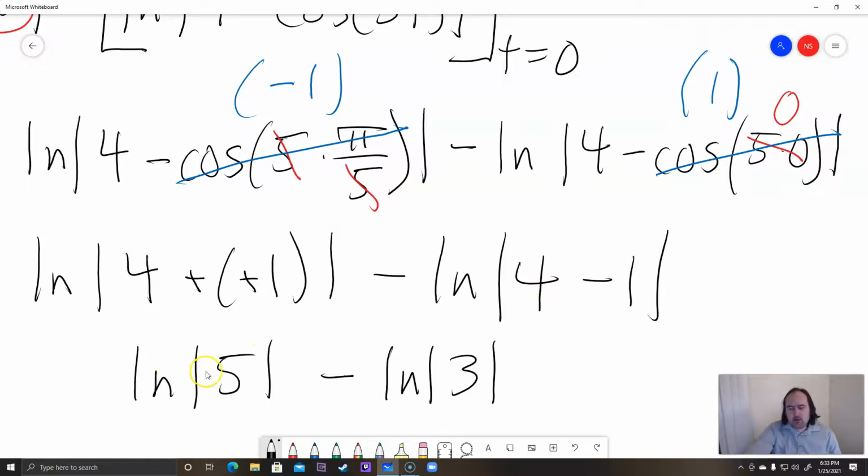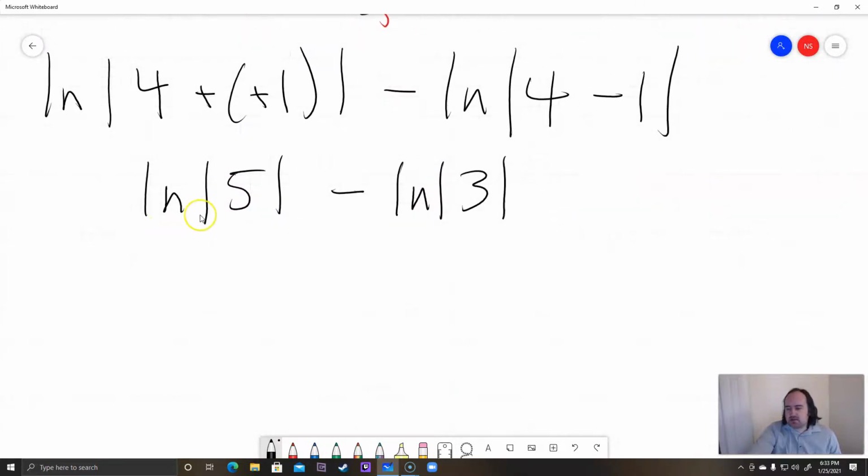With this one, because 5 and 3 are already positive numbers, and absolute value is always positive, those numbers just stay the same. Okay, because absolute value is always positive, a positive number just remains positive. It's only if you have a negative number then it becomes positive. Right, so this is just going to be the same as ln of 5 minus ln of 3.